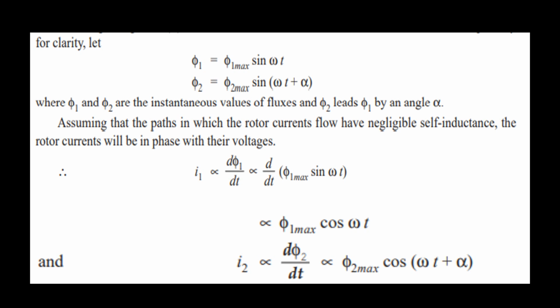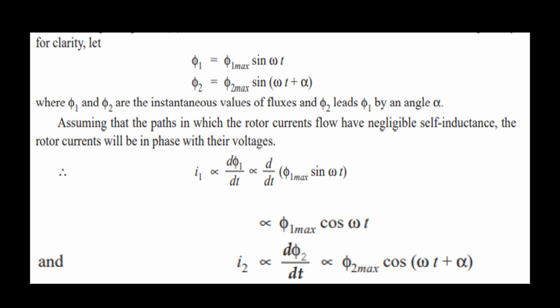Now how to find the magnitude? No doubt we are going to follow Faraday's law. As per Faraday's law of electromagnetic induction, first, current induced I1 is directly proportional to d phi1 by dt. So variation in flux phi1 is going to produce current I1. By putting the value of phi1, you will get I1 directly proportional to d by dt of phi1 max sin omega t.